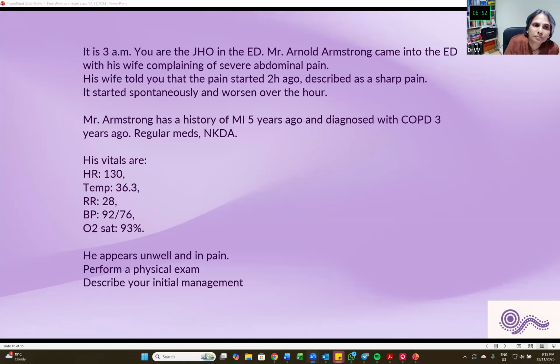Bad. So I can see here it's a sharp kind of pain. And from a scale of 1 to 10, 10 being the worst, can you rate your pain for me? 15. 15. So sorry to hear that. Can I offer you any painkiller at all?